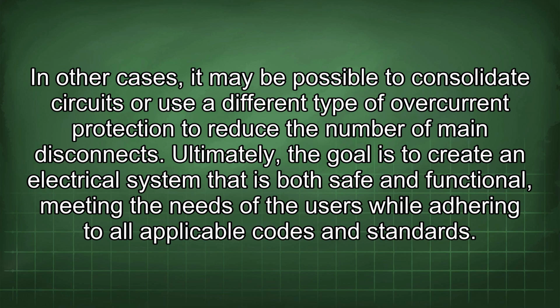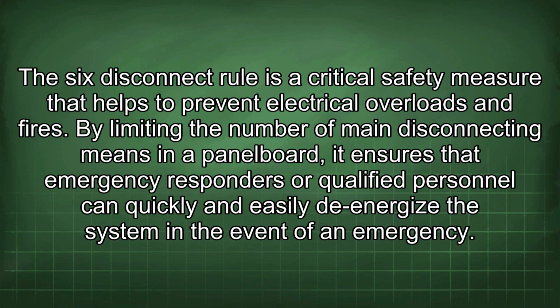Ultimately, the goal is to create an electrical system that is both safe and functional, meeting the needs of the users while adhering to all applicable codes and standards. The 6 disconnect rule is a critical safety measure that helps to prevent electrical overloads and fires. By limiting the number of main disconnecting means in a panel board, it ensures that emergency responders or qualified personnel can quickly and easily de-energize the system in the event of an emergency.